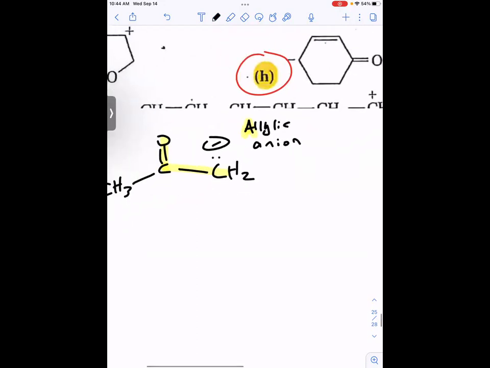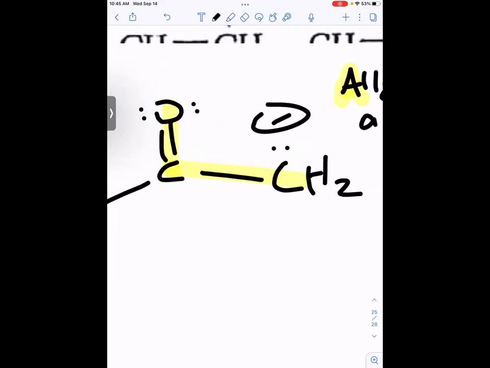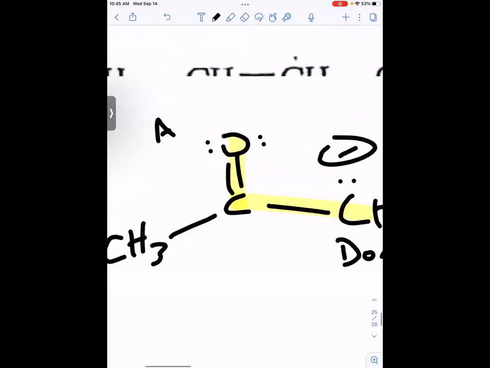We know this system because we saw it already, and it has a specific way to move those electrons and it never changes. You can have the largest allylic system in the world and it's going to follow the exact same pattern every single time. So where am I going to start? Which one of these is going to be my donor? The carbon with the lone pair. And this is the acceptor.